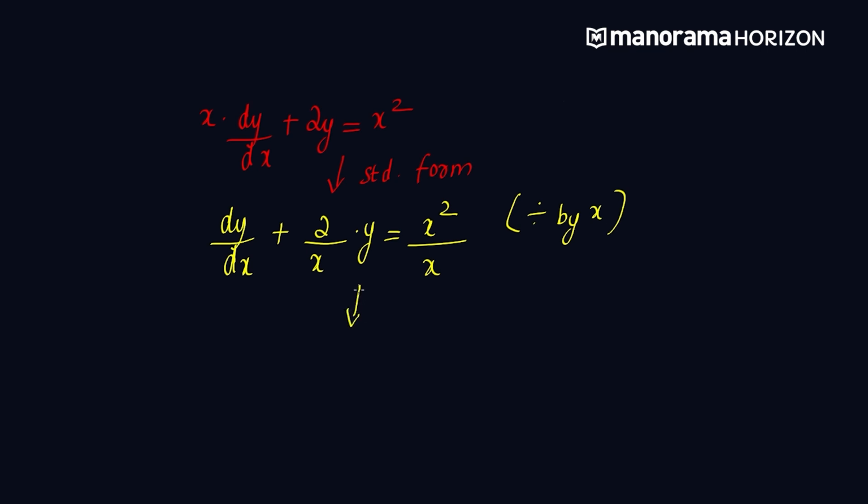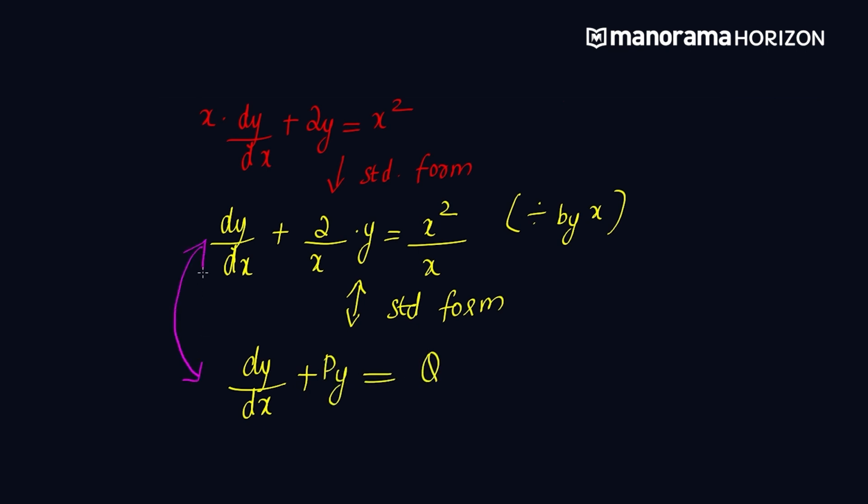Now, compare it with our standard form. What is our standard form? dy by dx plus py is equal to q. So, comparing these two equations, we can understand p is equal to 2 by x and q is equal to x.